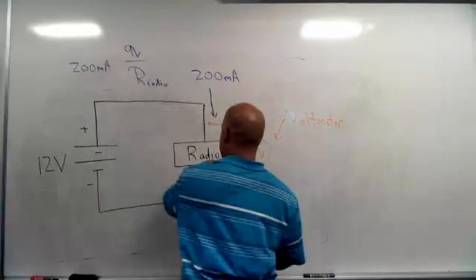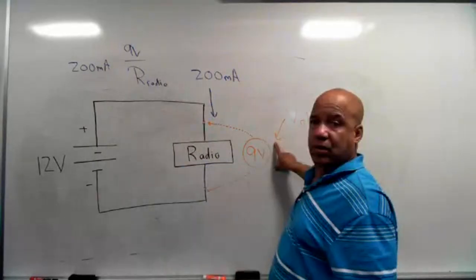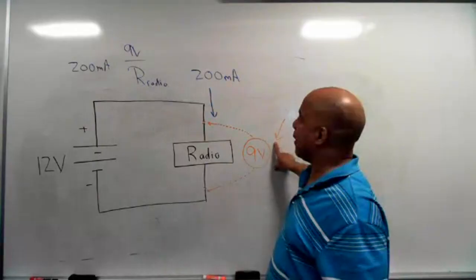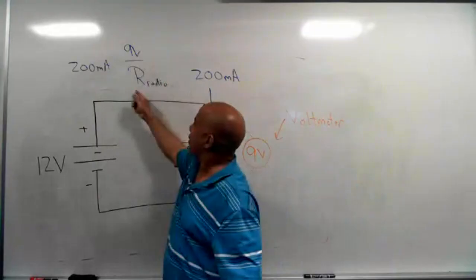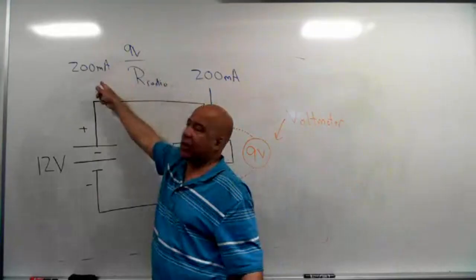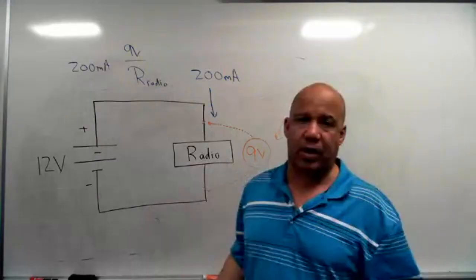We don't know what that is. Inside that radio, there's resistance. But if you take the 9 volts that the radio requires to operate, and the resistance of the radio, that's V over R, that's Ohm's law, that gives us current. That's where that 200 came from. So this radio needs 200 milliamps of current to operate.